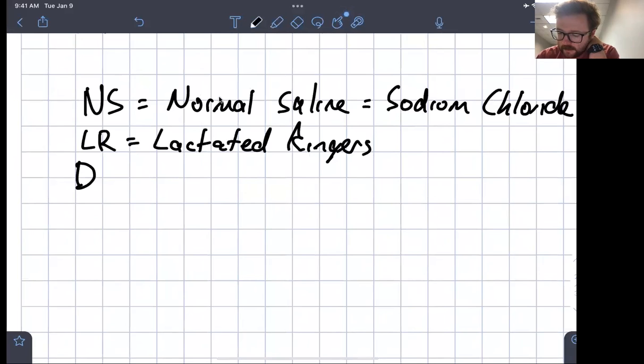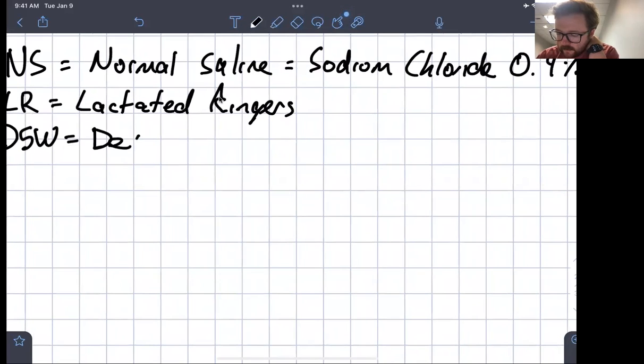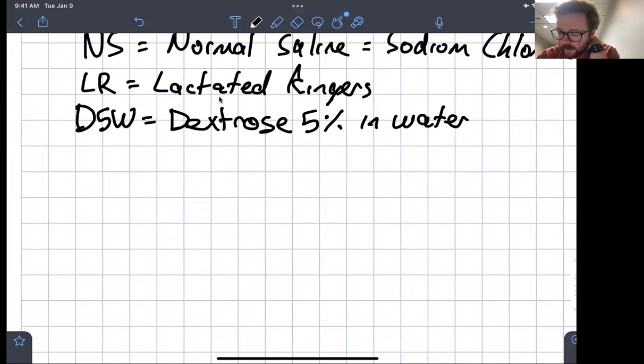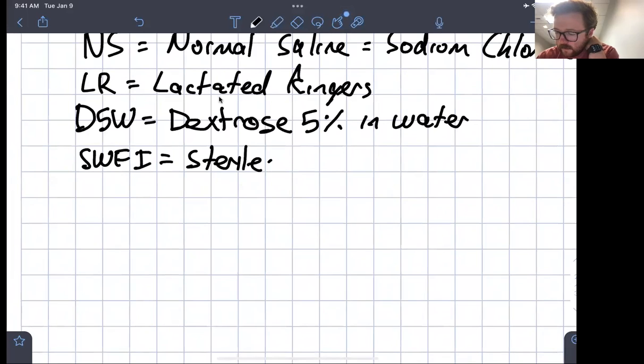If I say D5W, that's dextrose 5% in water. If I say SWFI, that's sterile water for injection.